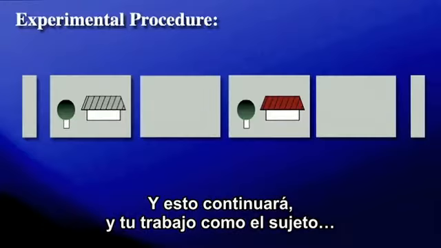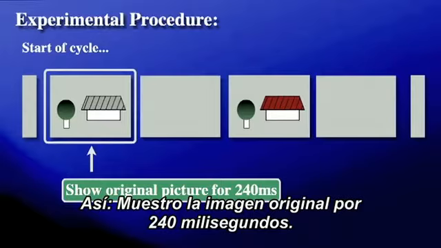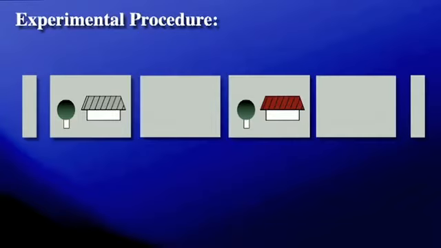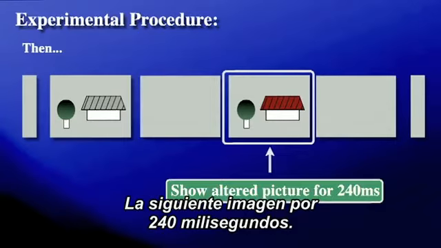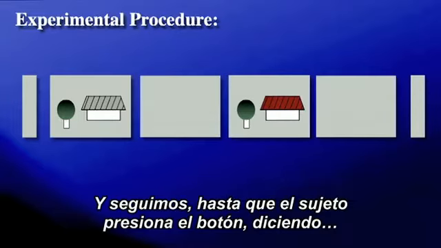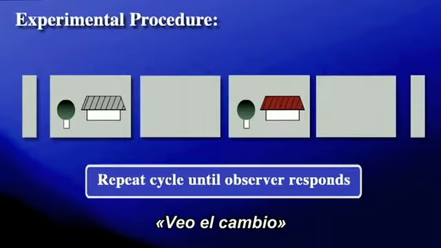Your job as the subject is to press the button when you see the change. So, show the original picture for 240 milliseconds. Blank. Show the next picture for 240 milliseconds. Blank. And keep going until the subject presses the button saying, I see the change.